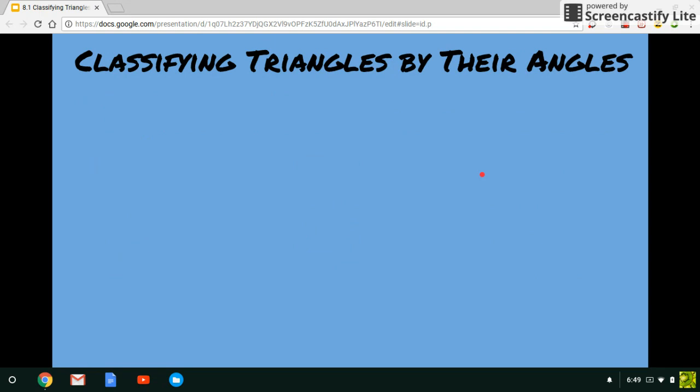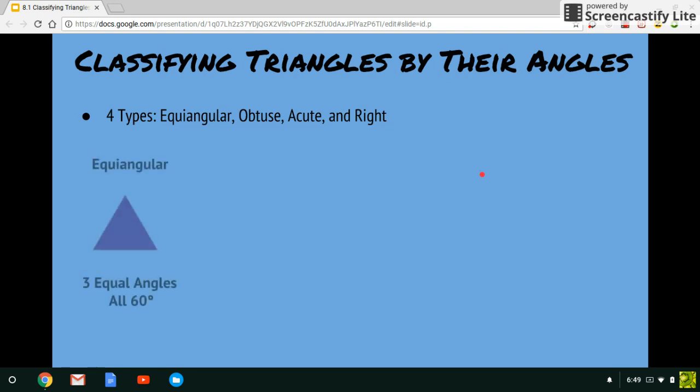Okay, so the other way we can classify triangles is by their angles. And there are 4 types here. We have equiangular, obtuse, acute, and right. Equiangular means they have 3 equal angles.